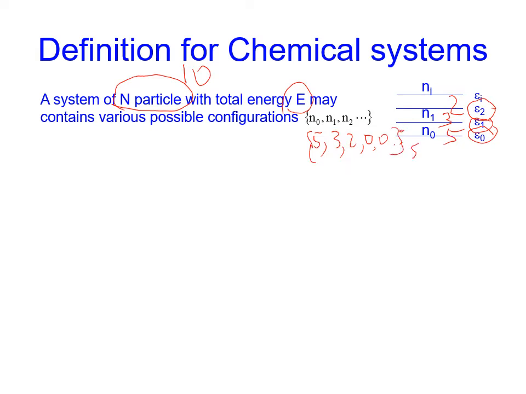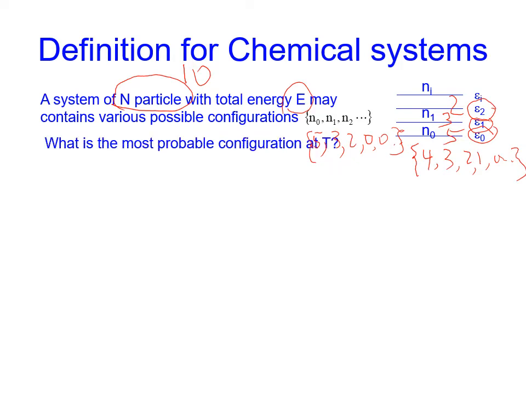Or we may have 4 at the lowest, 3 at the second, 2 at the third, and 1 at the fourth, and then 0, 0. So that's another possibility. So there are many possible configurations. The question is, which one is the most probable configuration at a certain temperature?